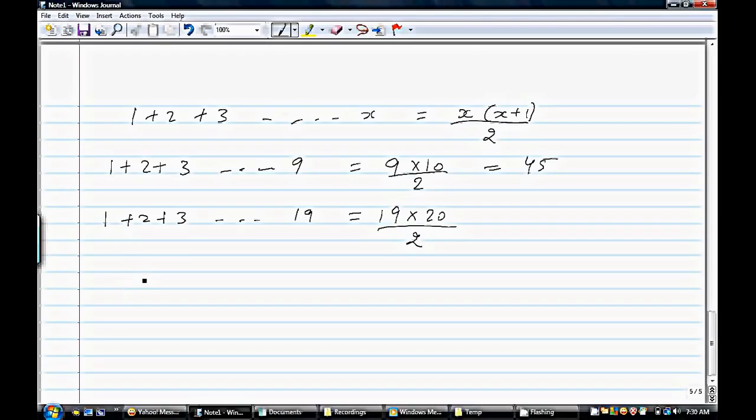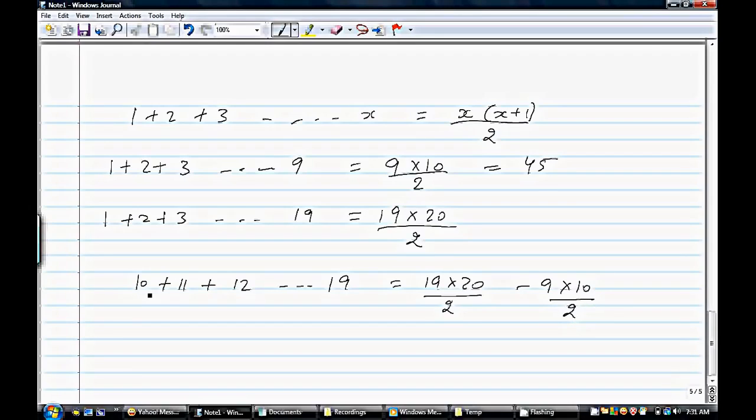For example, 10 plus 11 plus 12 and it goes to 19. So first I have to add numbers from 1 to 19. That will be 19 into 20 divided by 2, and then I have to subtract numbers from 1 to 9. That will be 9 into 10 divided by 2.